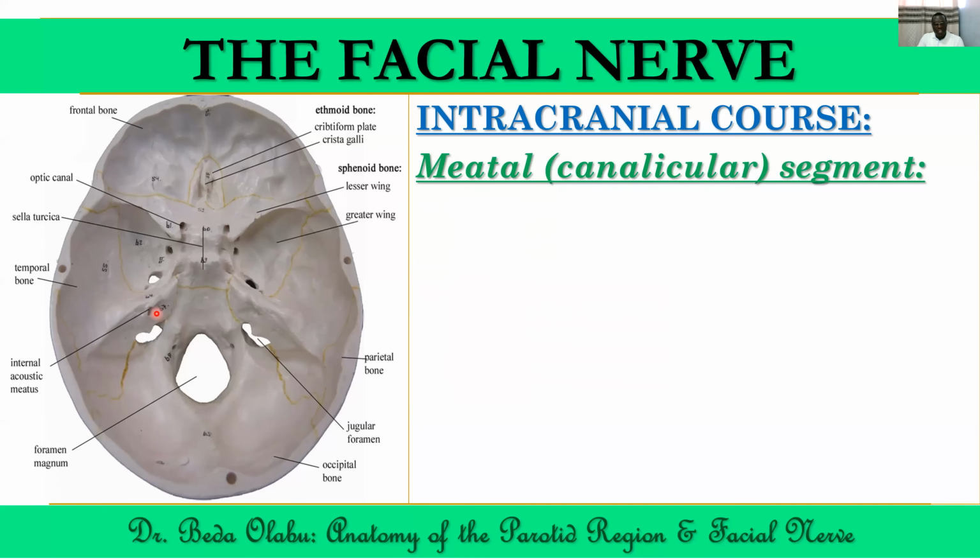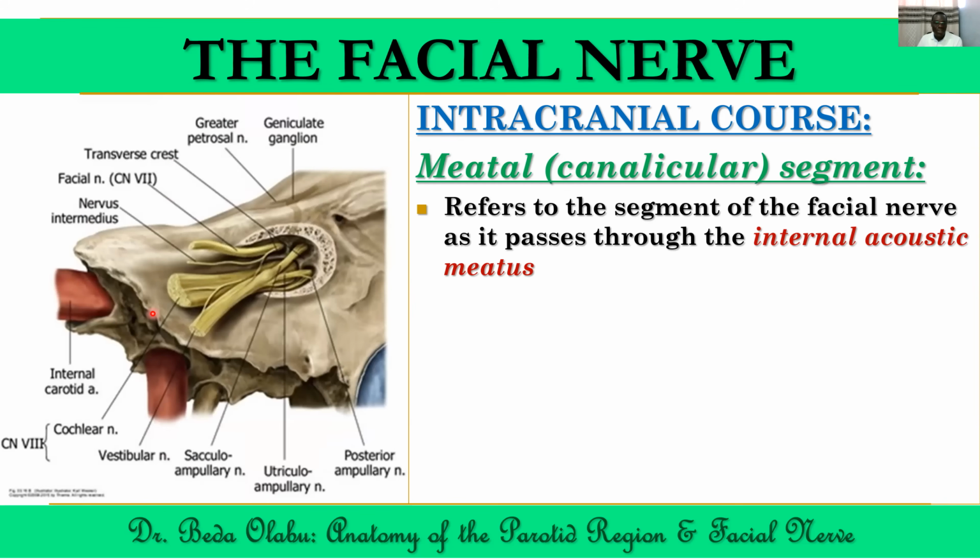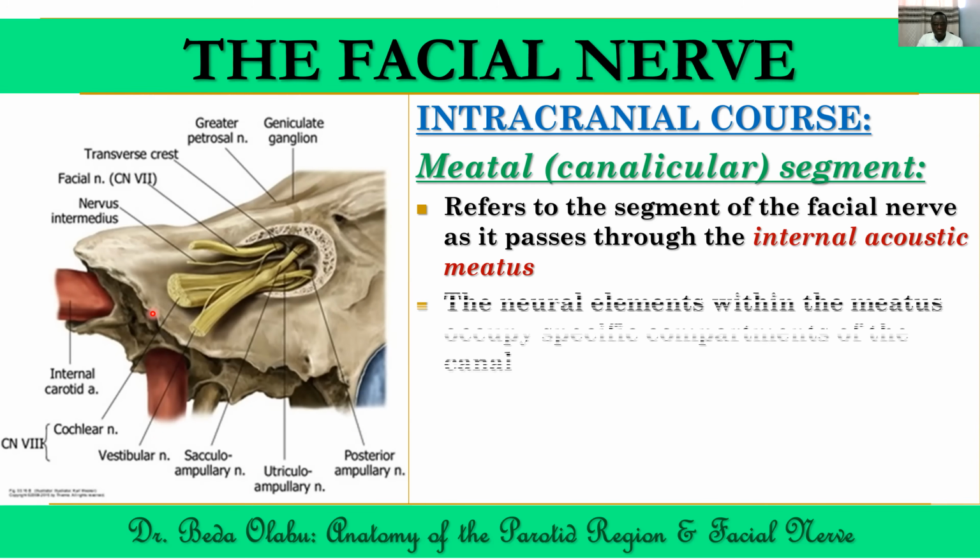Okay, once the nerve has entered through the porus acousticus, it will now be within the internal auditory meatus. And that is why we call this one the meatal segment. So the meatal segment of the facial nerve refers to the part of the facial nerve that goes through the internal auditory meatus. Remember, it's not the only nerve that goes through there.